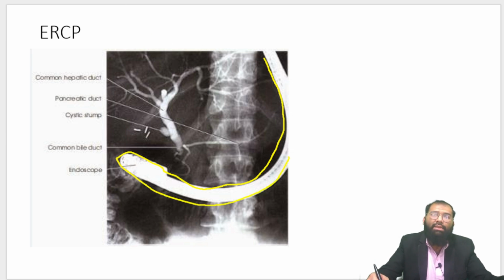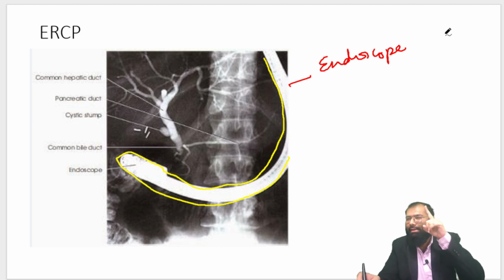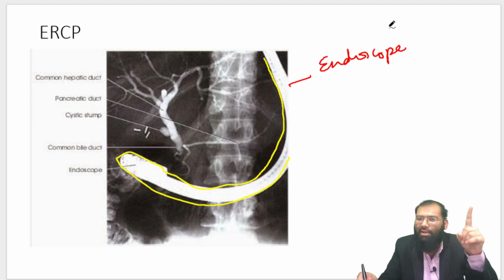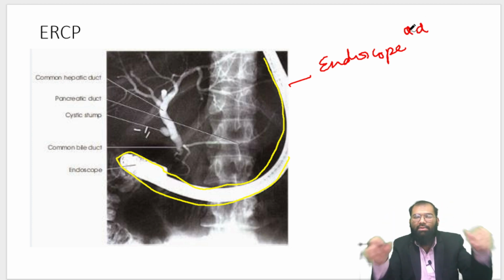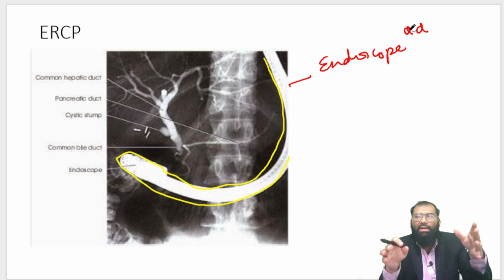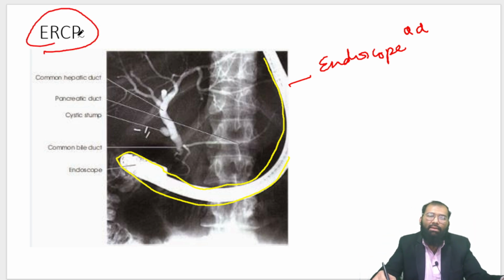So this is nothing but endoscope. So to identify ERCP image, the foremost thing you have to identify is the endoscope. If you identify endoscope, work is done. There is no other investigation in which you use endoscope. There is only one investigation, that is ERCP, in case of biliary imaging.